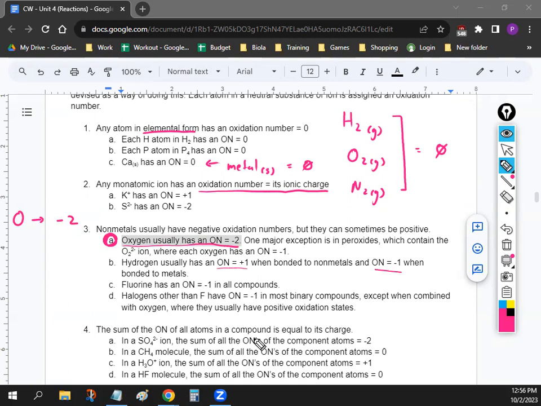When it's with metals, it's negative. So when hydrogen is with a non-metal, for example chlorine, hydrogen has an oxidation number of +1. But when it's bonded to a metal, for example lithium, hydrogen will be -1. That's what that rule means.